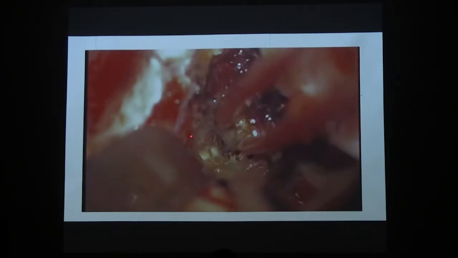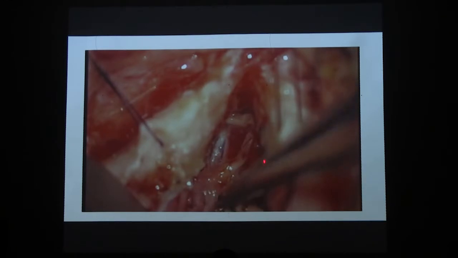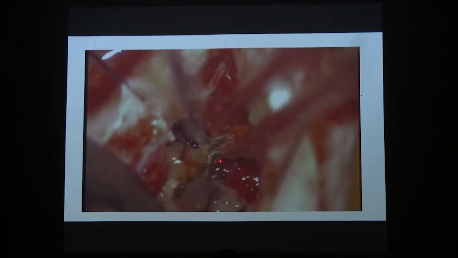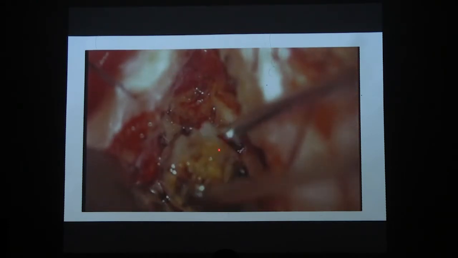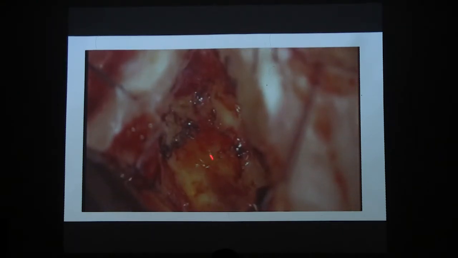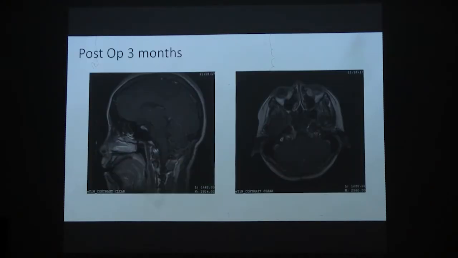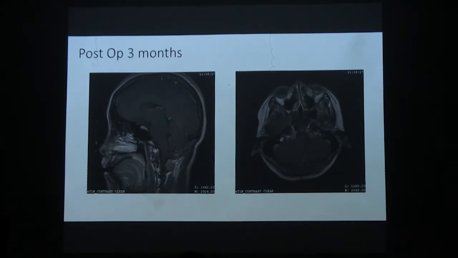So we separate and isolate the tumor, shrink it, and do not pull on anything. This is after the surgery, as we can see. This is post-op 3 months. And then this is after 3 years.